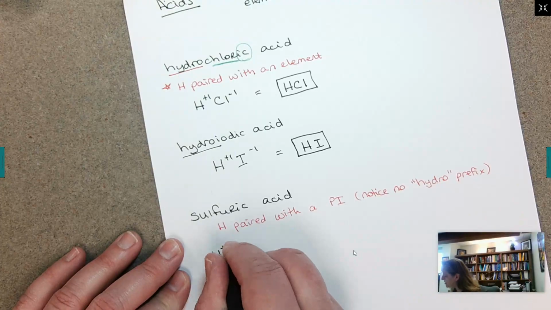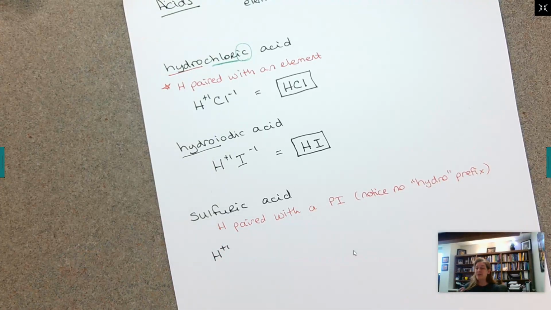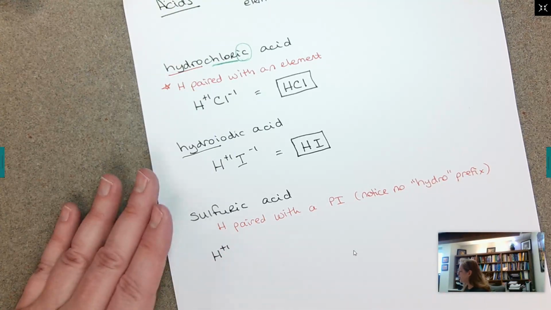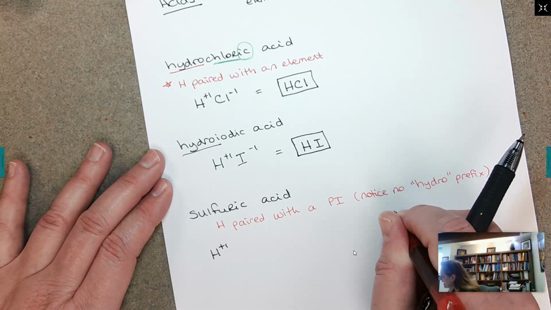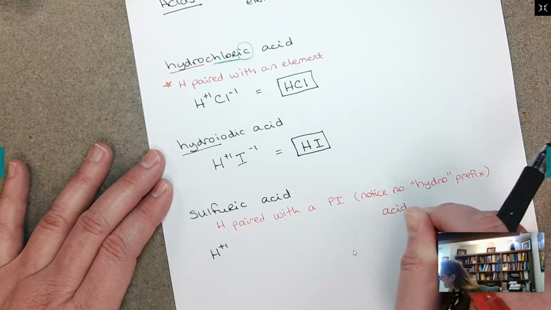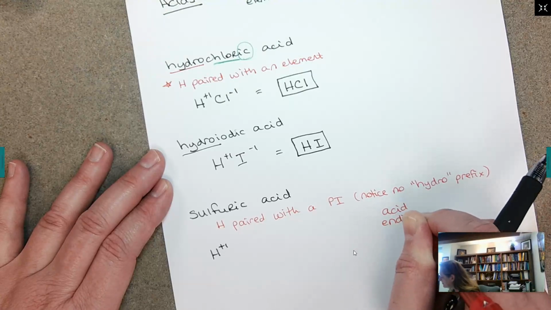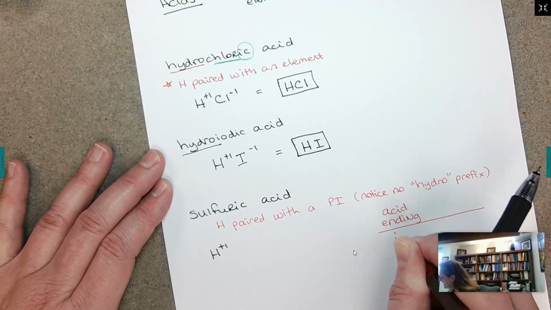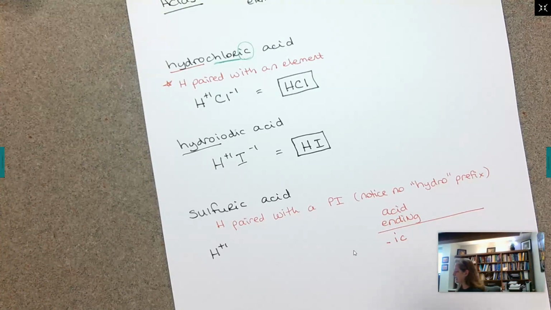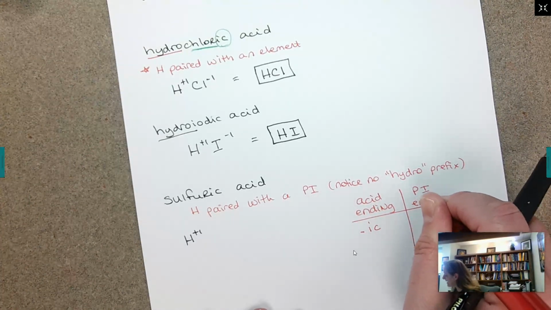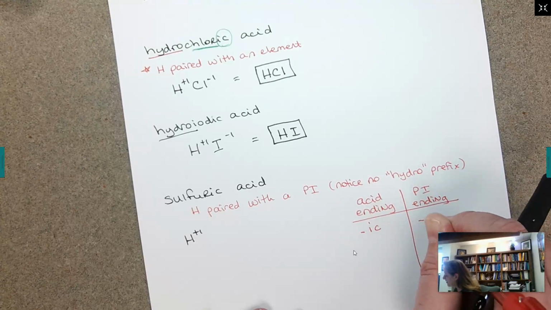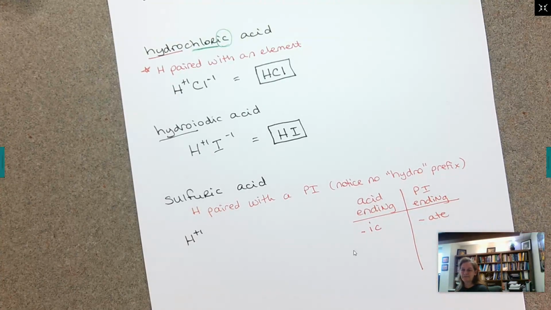So we know it's going to be hydrogen. It's going to be H with a +1 charge, and it's paired with something that looks like sulfuric. Well, here's the thing. If it's a polyatomic ion and the acid ending is ic, which in this case it is, your polyatomic ion ending will be ate.